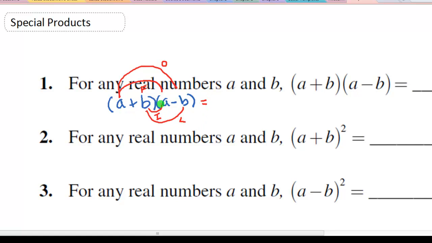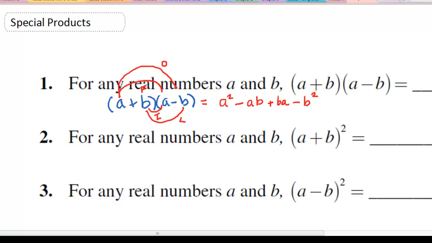So when we do that with these two binomials, we get a times a, which is a squared, a times negative b, which is a negative ab. The inner terms are b times a, and b times a is the same thing as a times b, as you know. We'll be using that fact. And then here we have, for the last terms, positive b times negative b, which is a negative b squared.